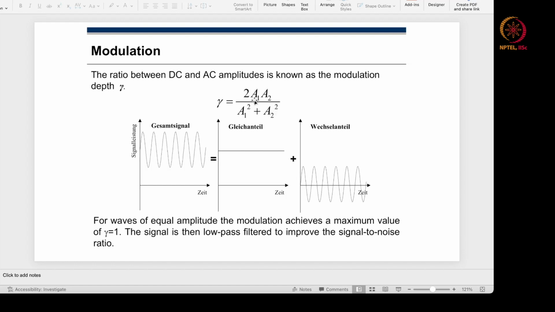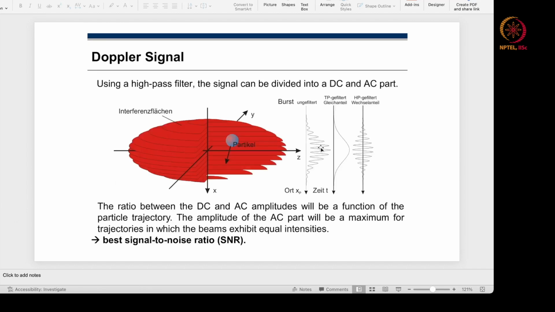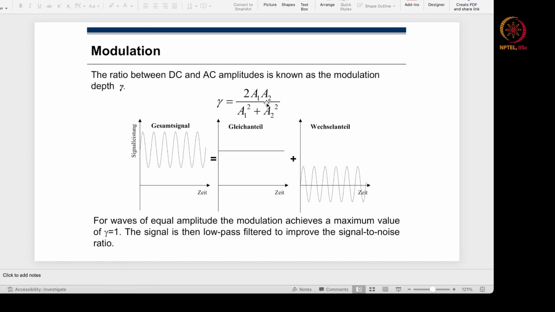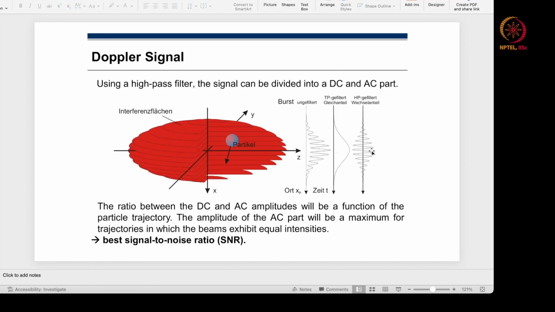So when A1 and A2 are the same, this modulation depth becomes equal to 1. Other than that, if that is not the case, then you get something like this. So this is the amplitude for the DC part, and this is the amplitude for the AC part of the signal. All right.